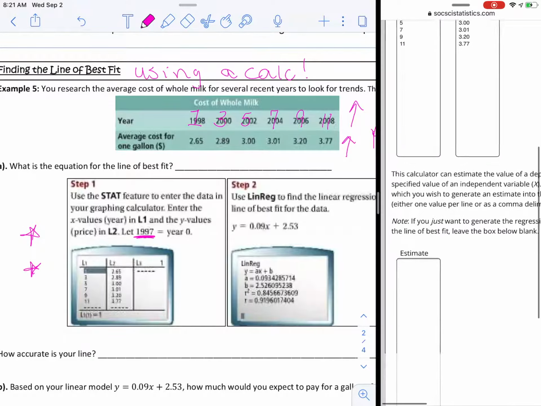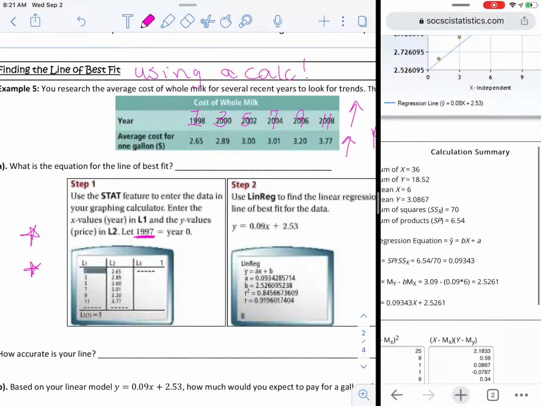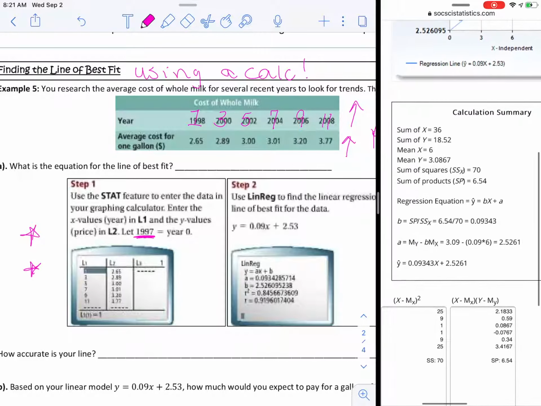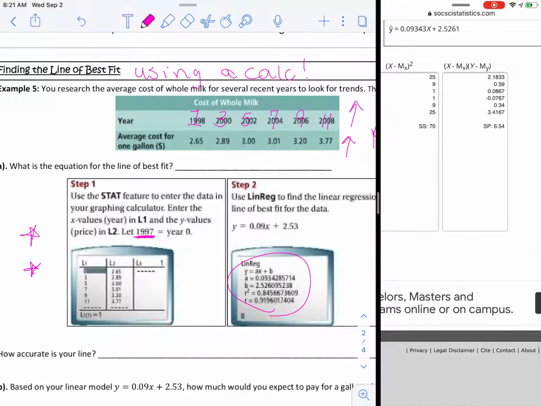So what is the equation? What's neat about this website, scroll down, you can just hit calculate the regression equation. And you can see the regression equation is exactly what you would get if you did it using your calculator. So let's go ahead and write y equals, and it's right here. I'm going to go to the top of the screen. Do you guys see that right at the tippy top of my screen?